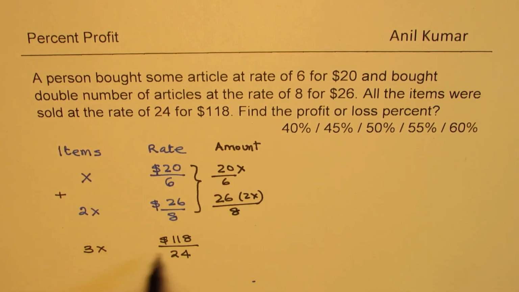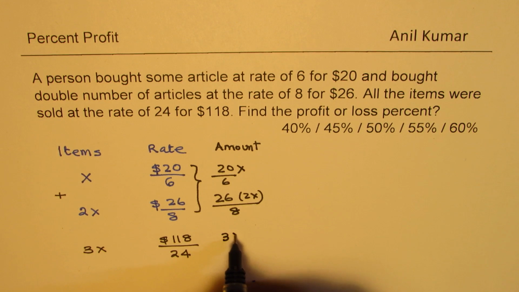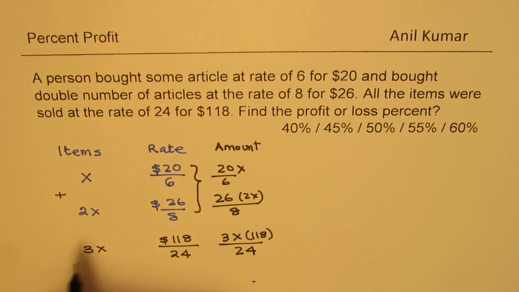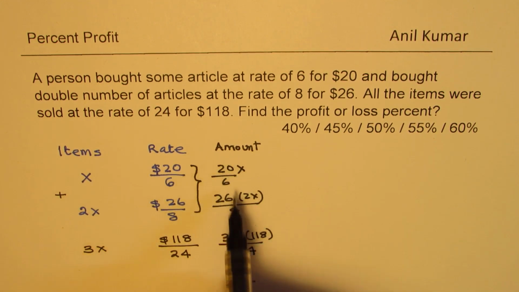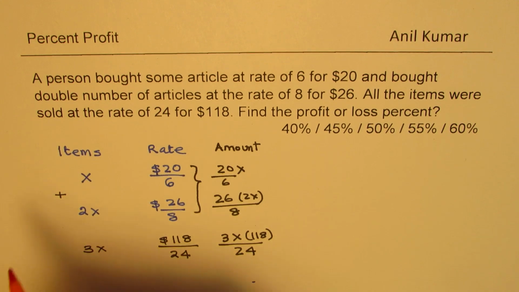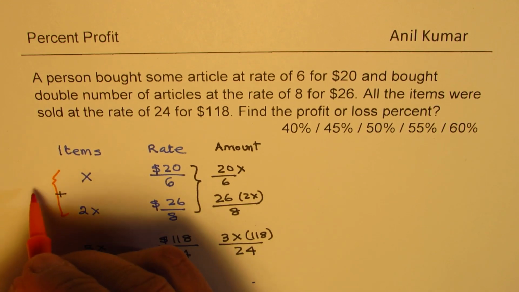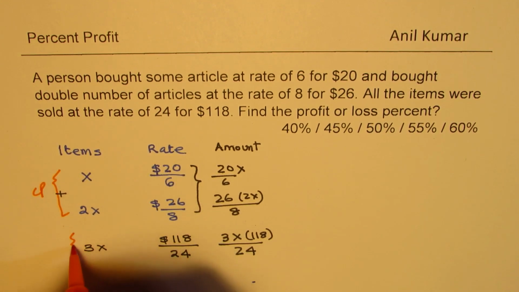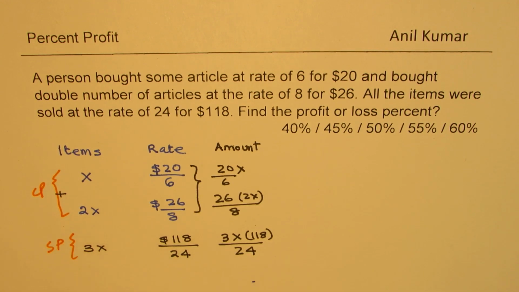And here it will be 3x times 118 over 24. So this is the cost price and this is the selling price. Let me write down here cost price and selling price. Now we need to find percent profit.